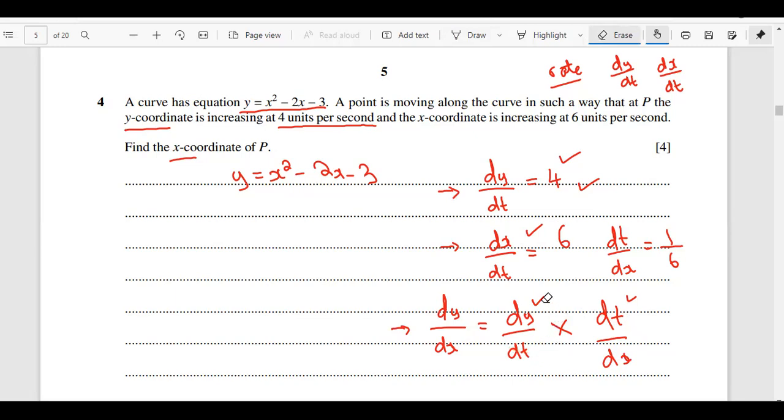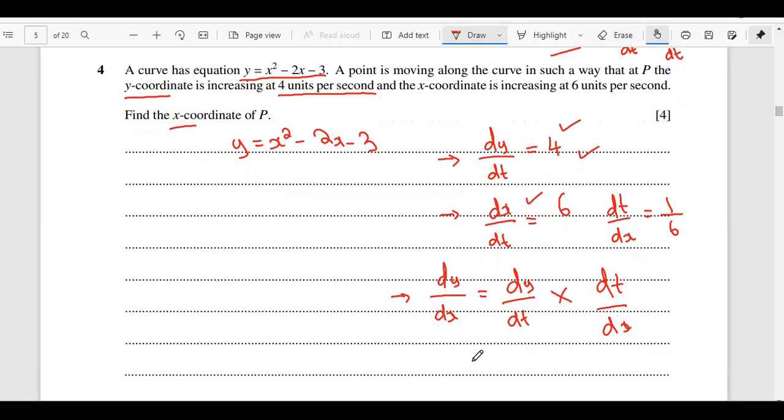We discussed this in the very beginning when we started doing detailed differentiations. So dy by dx is dy by dt, which is 4, multiplied by dt by dx, which is 1 by 6. So this would give me 4 by 6. This is dy by dx.